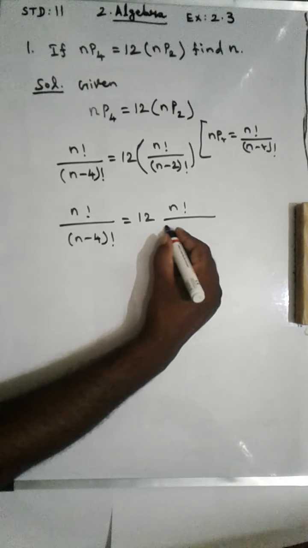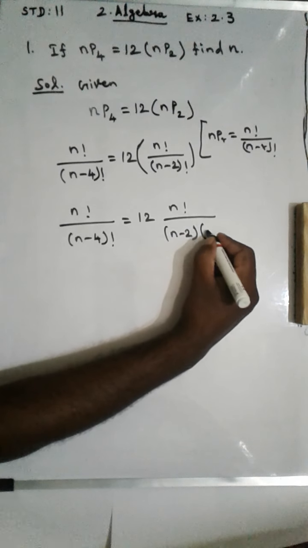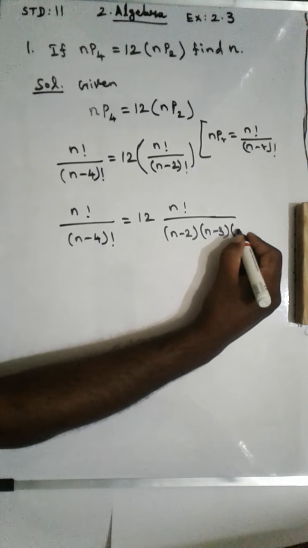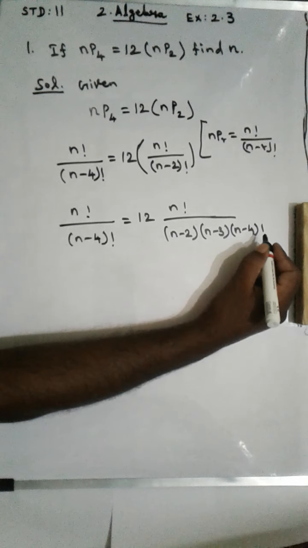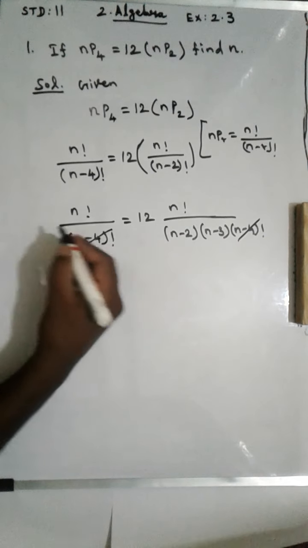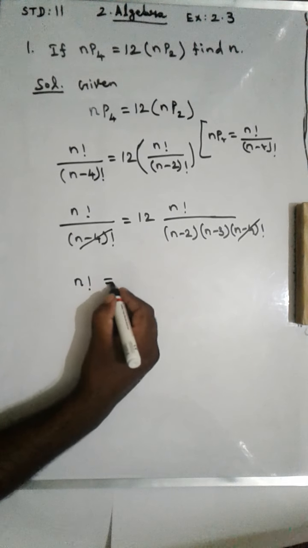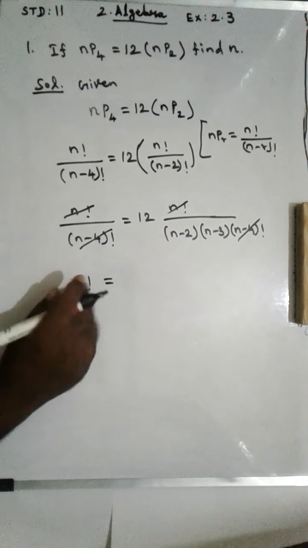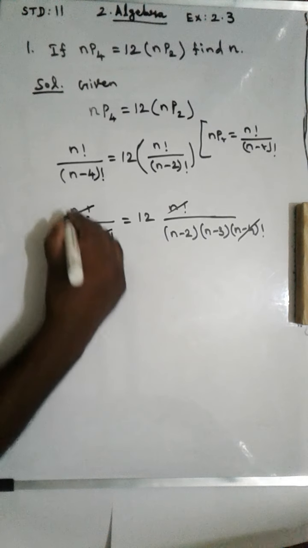We write (n minus 2) factorial as (n minus 2) into (n minus 3) into (n minus 4) factorial. On both sides (n minus 4) factorial cancels, and here n factorial also cancels.